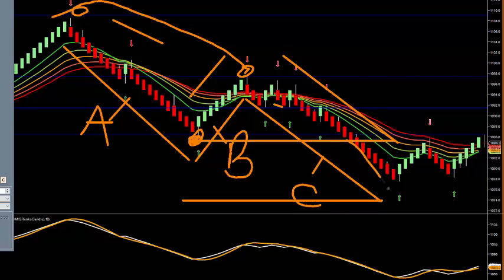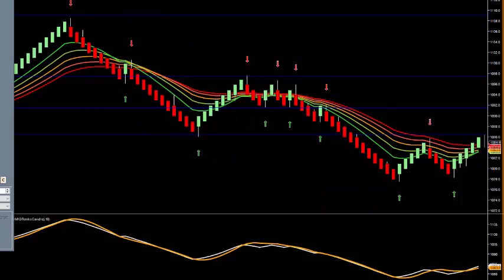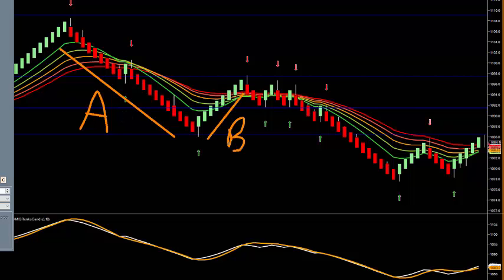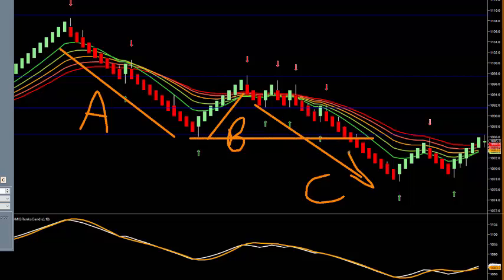Okay, so our C leg should come past the A leg. All right, so let's look at that again. A, B, C. Let's look at this point. You see how C actually went past A and B could not beat A? That's exactly what the Elliott wave is.